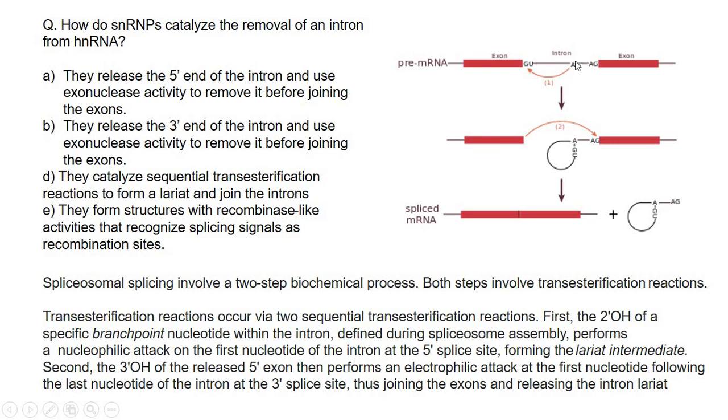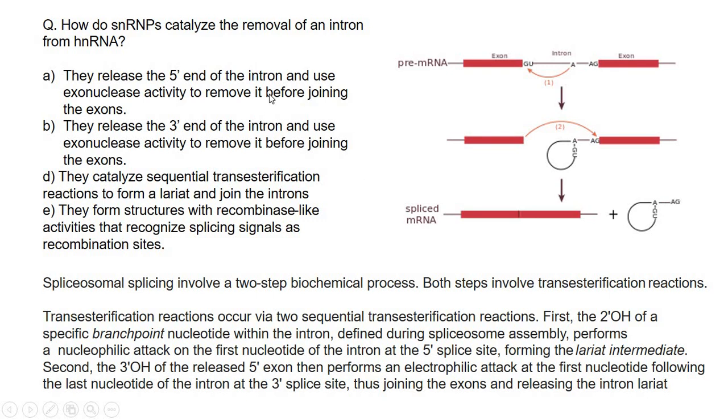So this is the lariat formation here. This A, this presentation of A that comes out of the structure, kind of hangs out. This makes a cut here at the exon-intron junction. This 3' hydroxyl end, now at the 5' end of this exon, will then make this cut here, and then the intron will be spliced out.